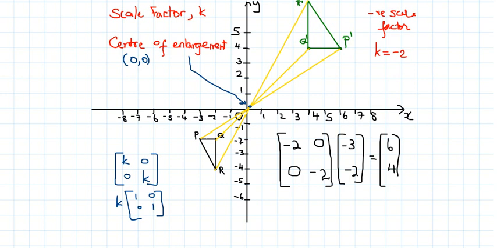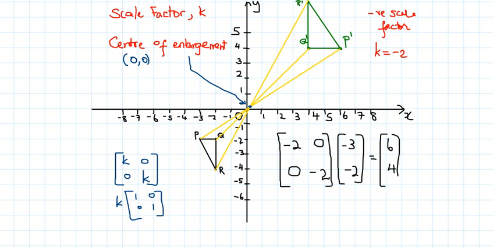And you could use your enlargement matrix and test it out to make sure that you did the correct thing. I was talking to some of my colleagues about it the week before, and the enlargement matrix is one of the easiest matrices to remember when dealing with transformations, because it's literally just scale factor, 0, 0, scale factor. So once you know your scale factor, you'll be able to get your enlargement matrix.